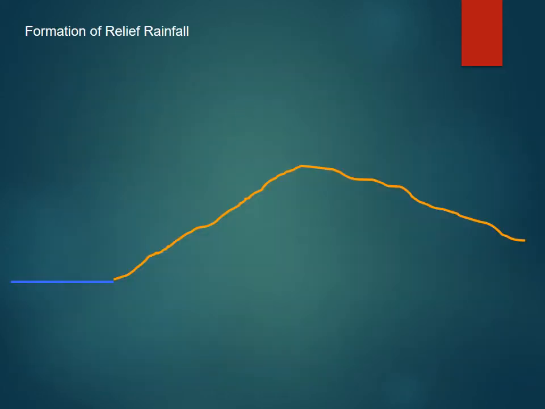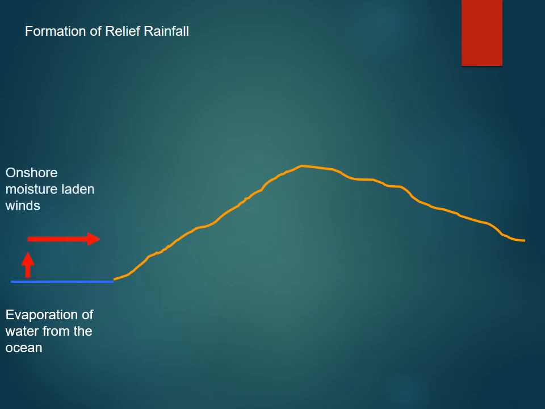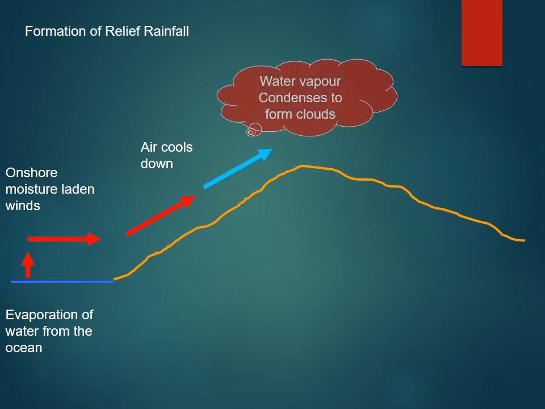Let us understand the orographic rainfall or relief rainfall. Now, evaporation of water from the oceans takes place. Yes, warm air rises, it's filled with water, and when it is obstructed by a mountain, as it is rising, the air is cooling. Now it condenses, forms clouds, and becomes very heavy, due to further cooling, and so they drop all the rainfall on the moisture-laden wind side.